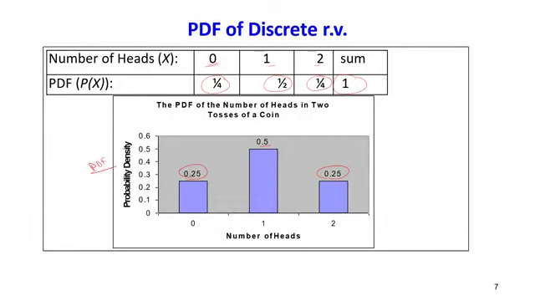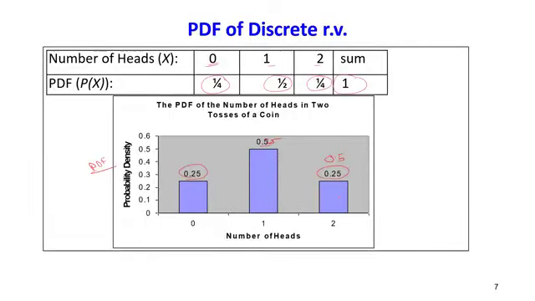Whatever number of data points you generate, there is a high chance that you will get more ones, and fewer zeros and twos.